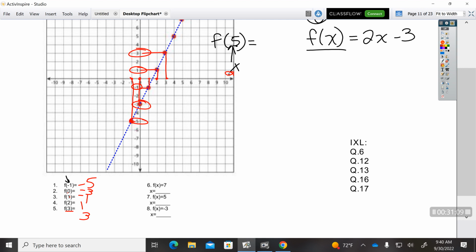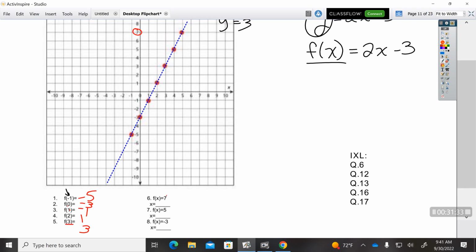Now let's do the same thing for the last 3 questions there, but these are no longer x values. These are y values. So instead of starting on your x-axis, you're going to start on the y-axis because that's what's given to you. So y 7 would be right up here.